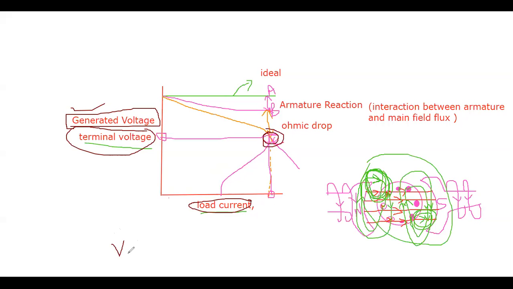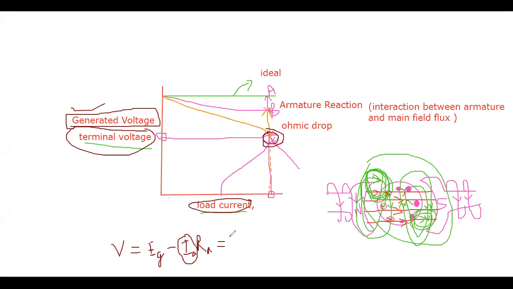We all know V equal to Eg minus Ia Ra. Since it is a shunt generator, previously I mentioned Ia is equal to Ish plus IL.